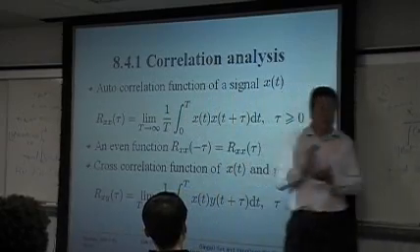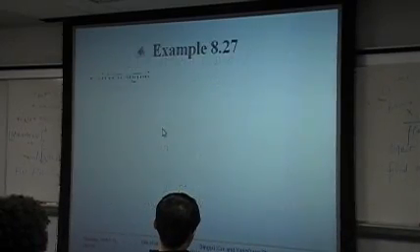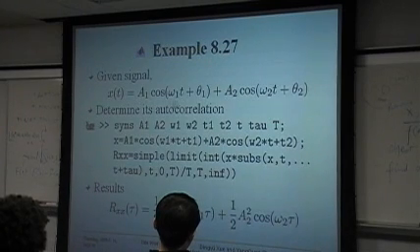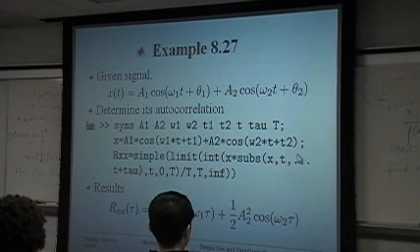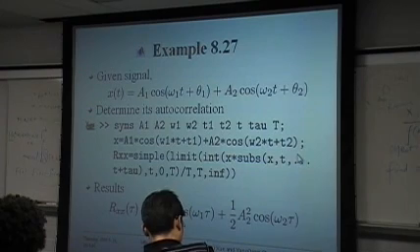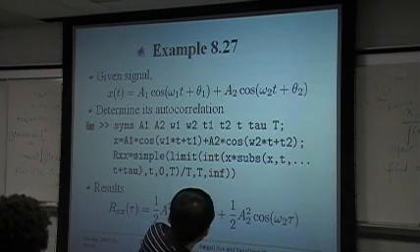So we have to declare tau and t as symbolic variables as well. And then we can express the original function x of time t.